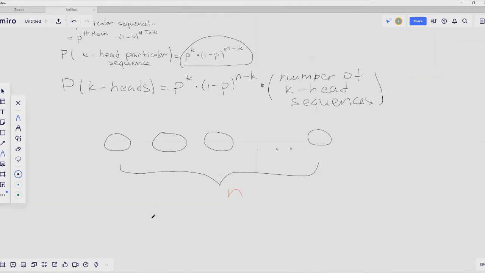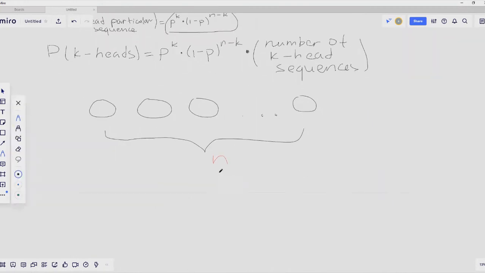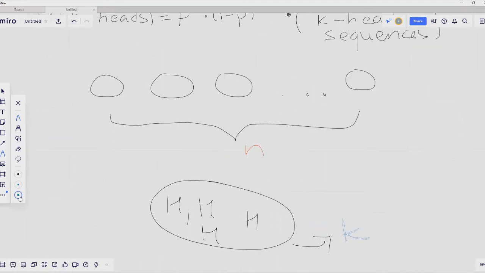And we are choosing k places for our heads to appear in that sequence. So we have k heads. And we are choosing places for our heads in that sequence of length n.